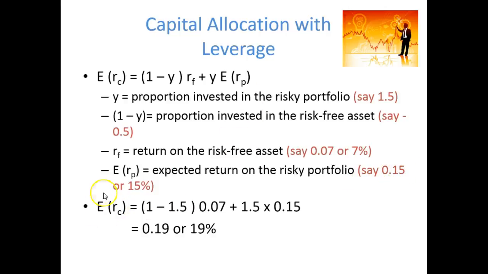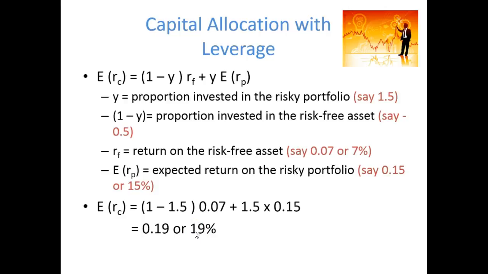So with this different example, we can calculate the expected return of our complete portfolio as simply 1.5 times 15%, the weight in the risky portfolio times the expected return of the risky portfolio, and then minus 0.5 times 7%, the weight in the risk-free asset times the expected return of the risk-free asset. So in this particular case, our expected return has become 19%.